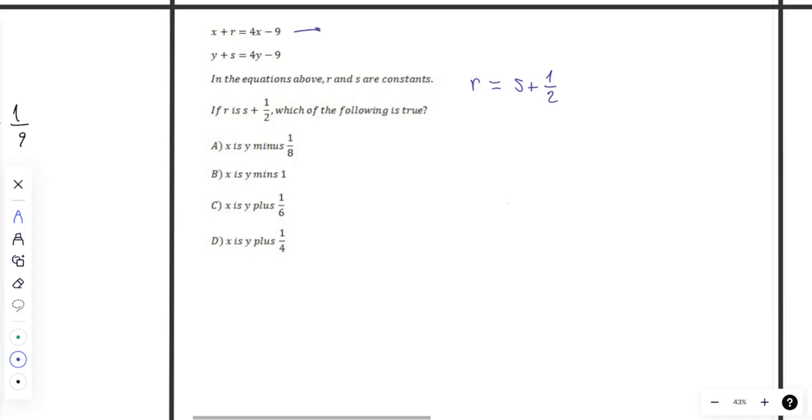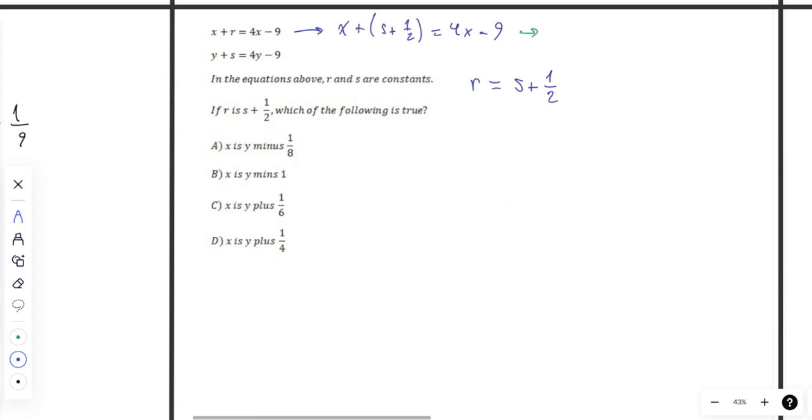Well, I guess I could start plugging some stuff in. So like x, s plus a half is equal to 4x minus 9. Now we could simplify that further.